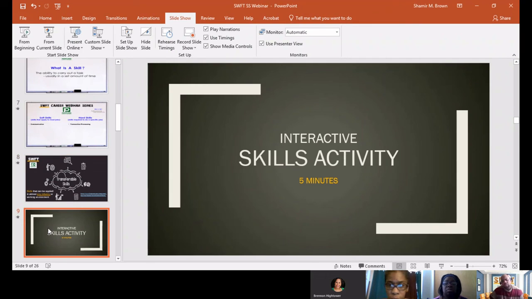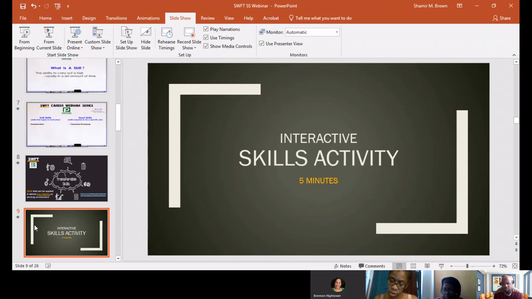What we're going to move towards now is an activity of about 5 minutes. If you could get a pen and paper, I'd like you to list 4 to 5 soft skills you know you have, 4 to 5 hard skills you know you have, and at least 3 transferable skills that you feel you have or that you might like to have.